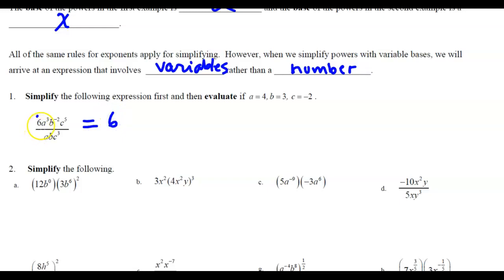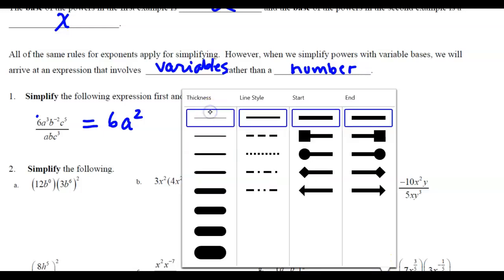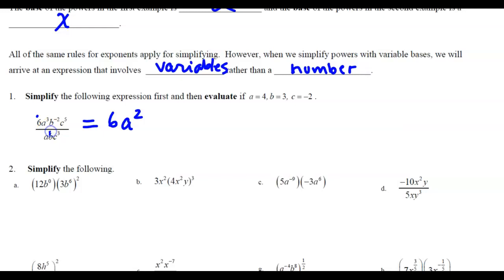Then we look at, are there a's in the numerator and in the denominator? If so, we're going to divide them, which means we subtract the exponents. So a cubed divided by a is a squared. A big mistake some students make is they forget that the exponent on a is 1. If there's no exponent, it means it's a 1.